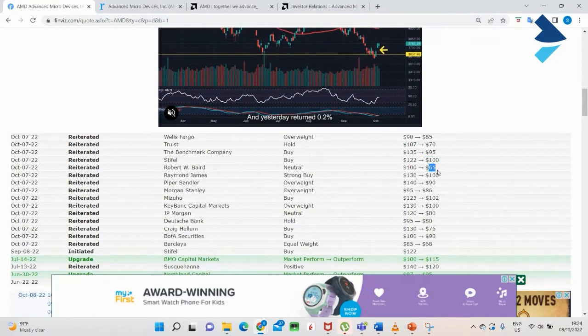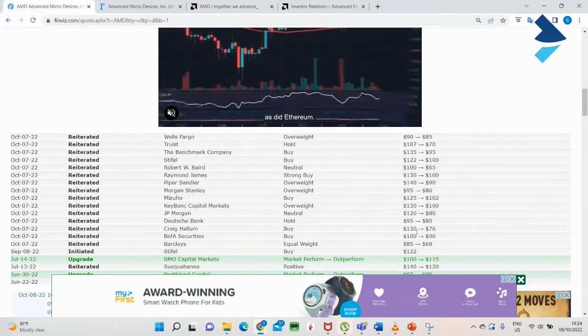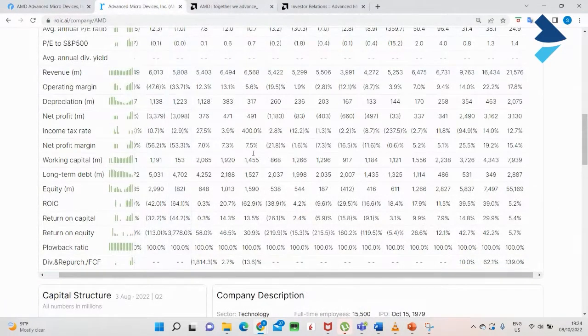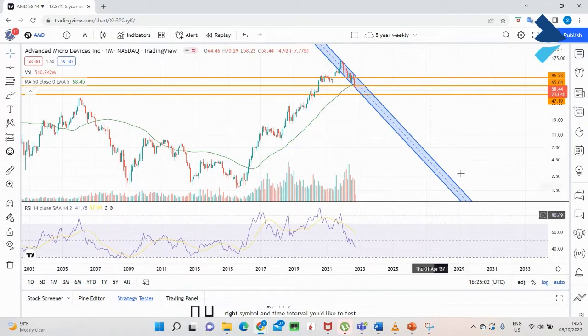Robert Baird is the only one with 65. Morgan Stanley 86. So pretty reasonable. Overall, I see that analysts at least expect $70-80, and it's right now trading at $60 levels. If you take it to 90, that's a 40-50% increase from current prices.